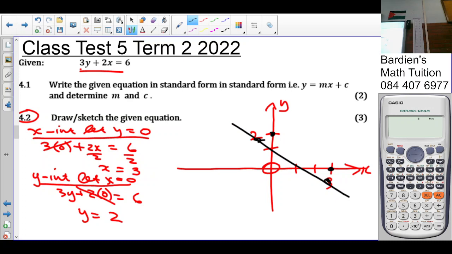It's on the axis. Going through those points. Do you guys understand? That's how we draw this.